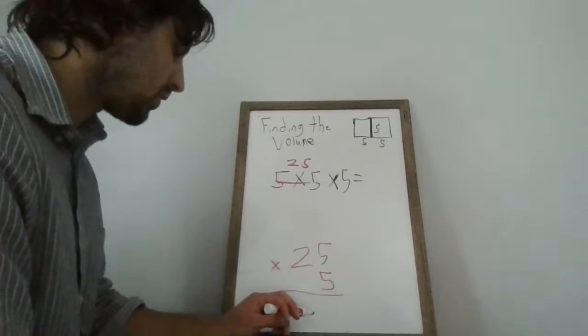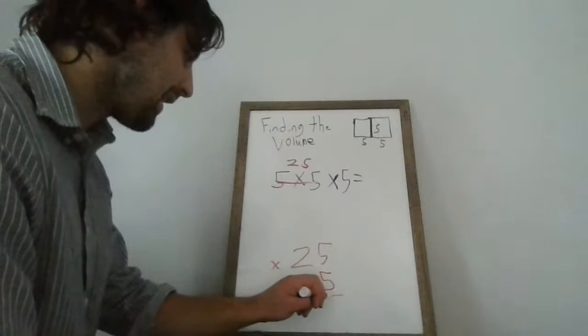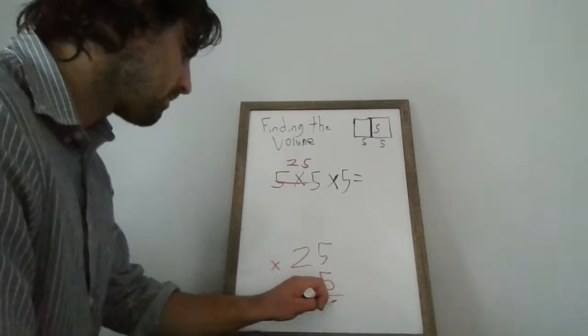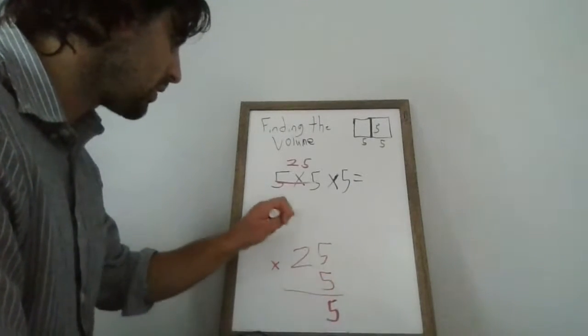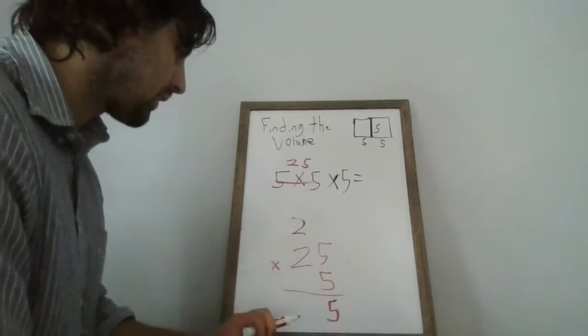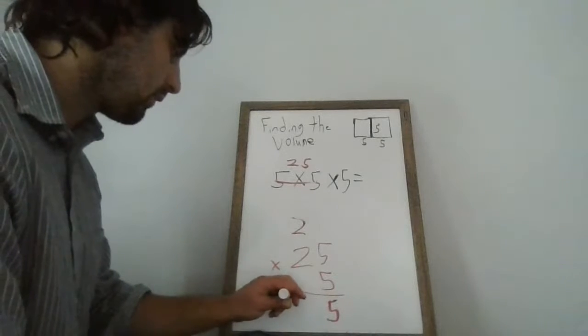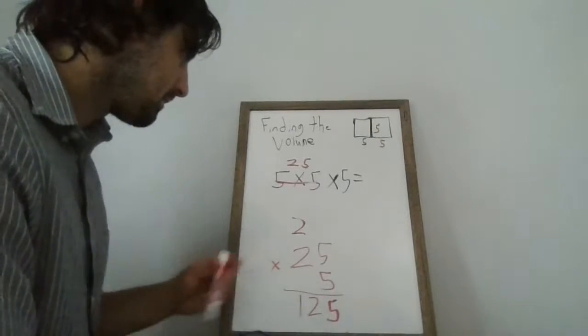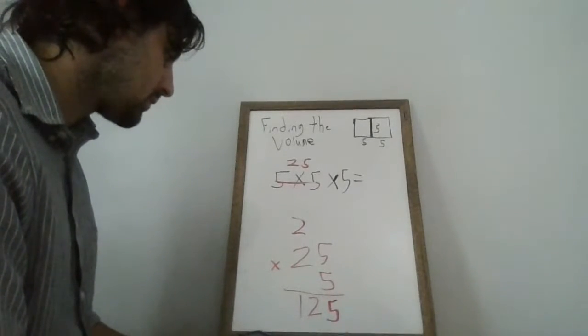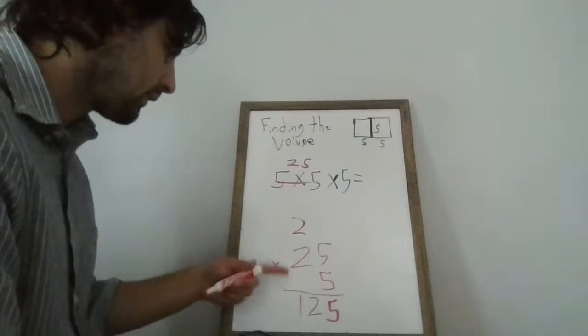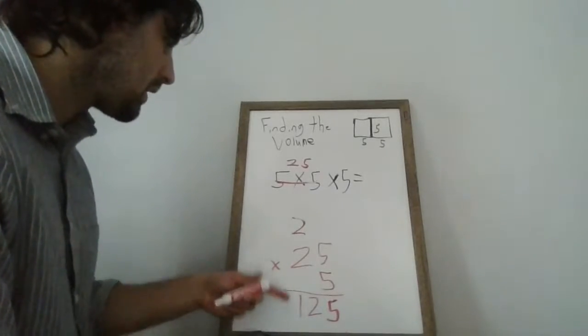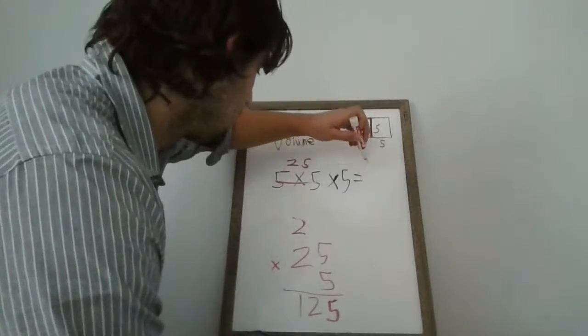We already know that. So the 5 in 25 we're going to put in the ones place. The 2 in the number 25 we're going to carry over to the tens place. 2 times 5 equals 10, plus 2 is 12. And our answer is 125. 25 times 5 equals 125.